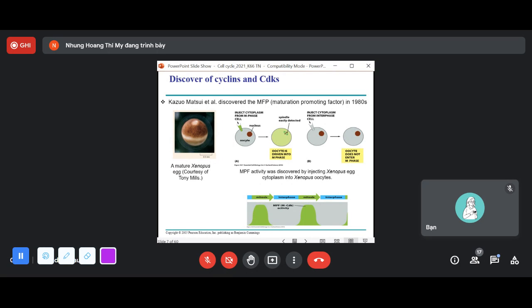Because during this time there is no gene transcription and all of the mRNAs and most of the proteins required for this early stage of embryonic development are already packed in the very large eggs. So that is why you see the egg is quite big, because they already store the molecules, the nutrients, and the other necessary molecules for the early development of the embryo.